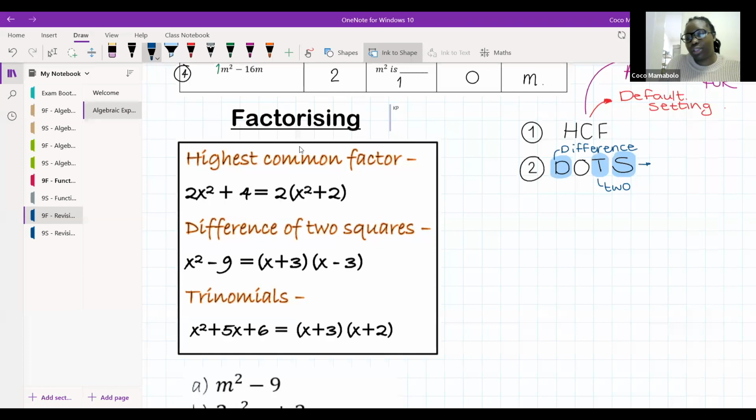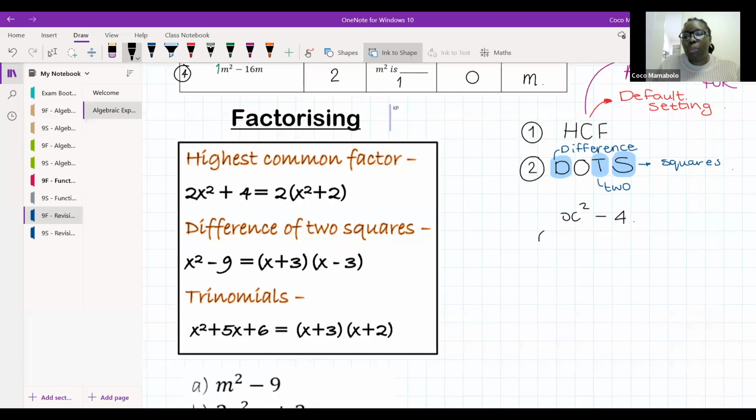What that actually means is if I have 2 numbers that are squared and they have a minus in between, we can then find the difference between them. So if I've got x squared minus 4, then I've got x squared, which is a squared number, and 4, which is a squared number because it's a perfect square. Its square root is 2.